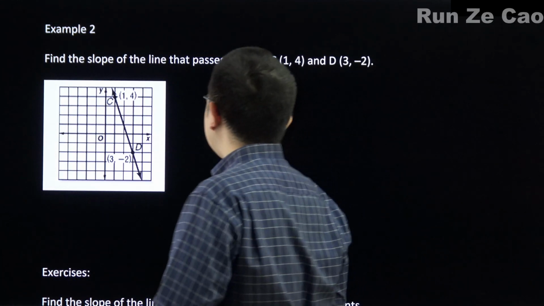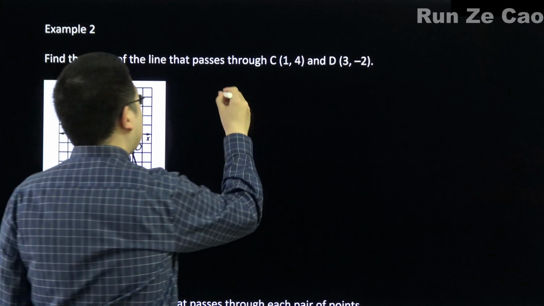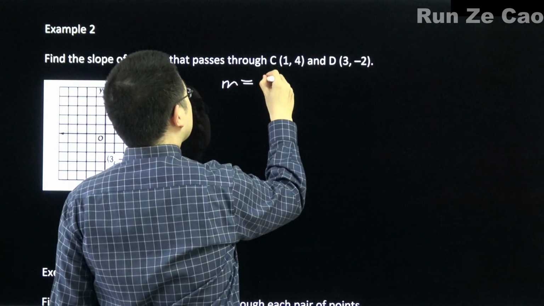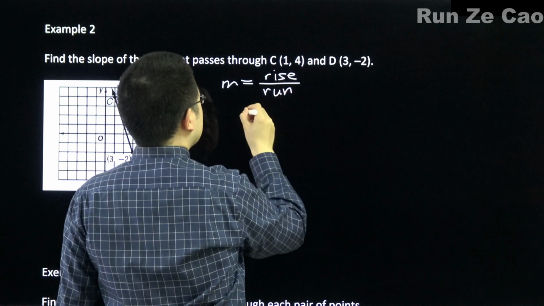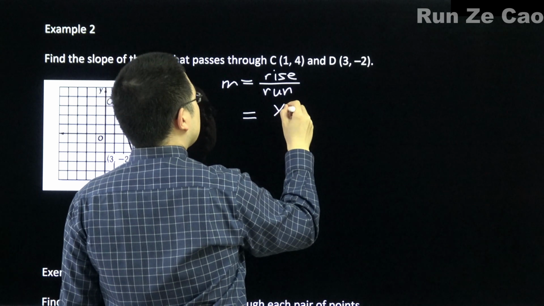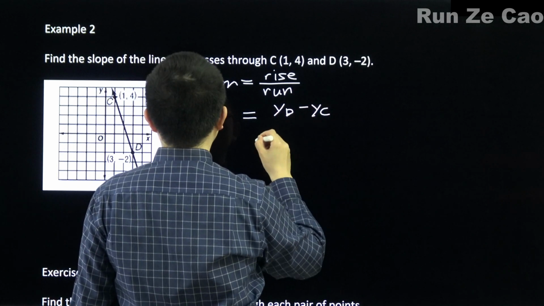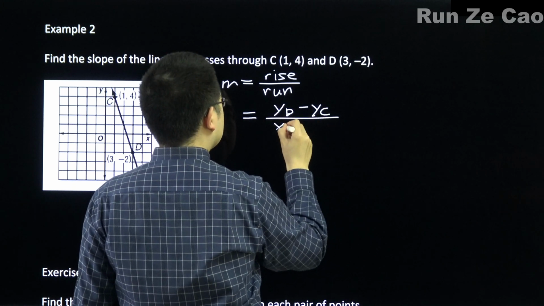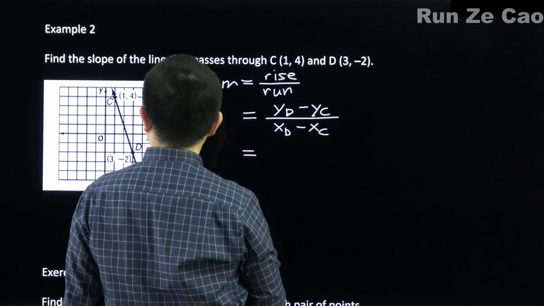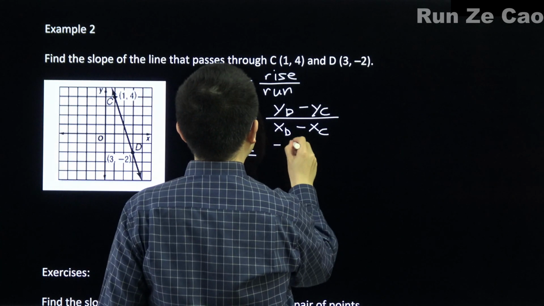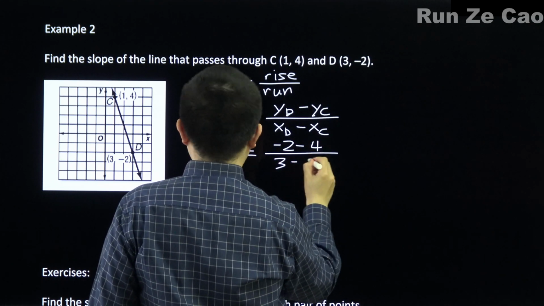Now example 2. Find the slope of the line that passes through C and D. So we're looking at slope equals rise over run. That means yd minus yc over xd minus xc, which gives us negative 2 minus 4 over 3 minus 1.